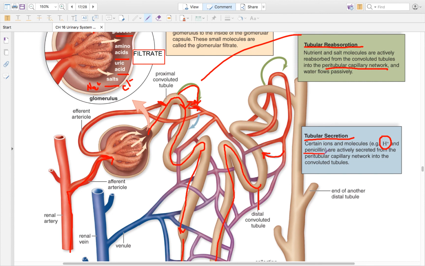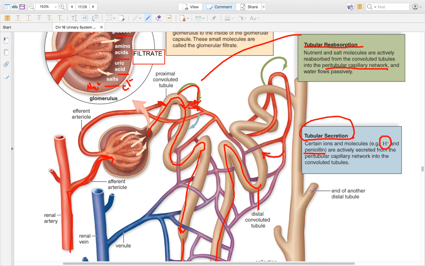Penicillin, so medicines, drugs, things like that, are going to enter the urine at this point in tubular secretion. Also, potassium will be either secreted or reabsorbed, and it just depends on what the body has inside of it, what the body needs to get rid of. That's why it's called secretion, because it's being secreted out of the capillary network.